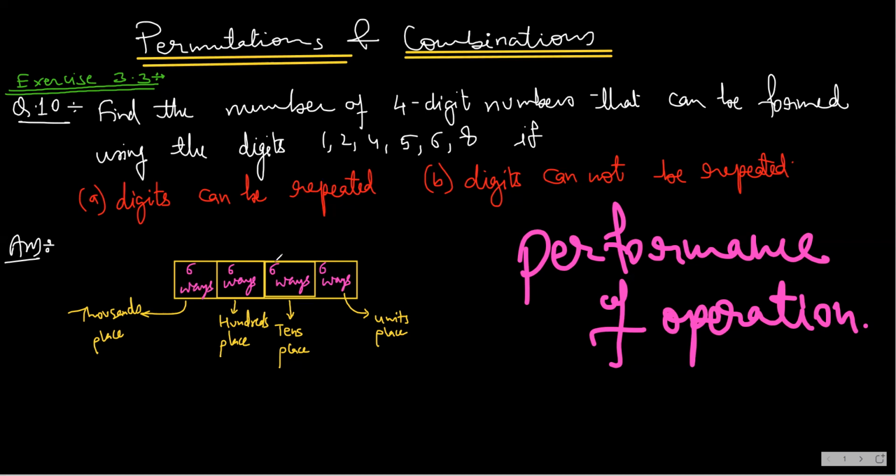So when the digits can be repeated, using these 6 digits, how many four-digit numbers can be formed? The total number of ways is 6 into 6 into 6 into 6, which is equal to 1296, because it is 36 square. Square of 36 is 1296. So 1296 such numbers are possible.